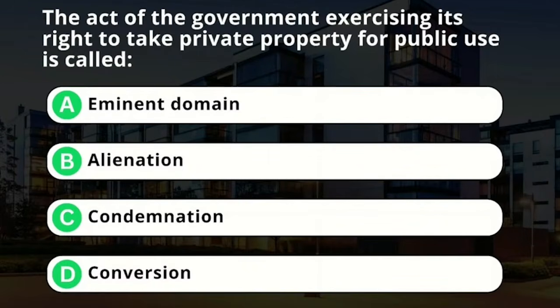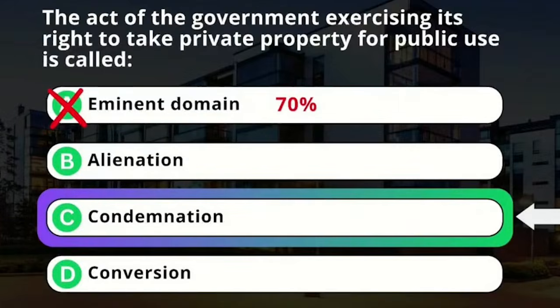So the classic two answers, letter A, eminent domain, letter B, alienation, letter C, condemnation, letter D, conversion. The act of the government exercising its right to take private property for public use, right? The answer is letter C.